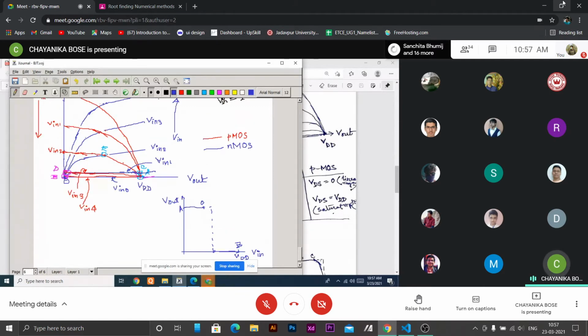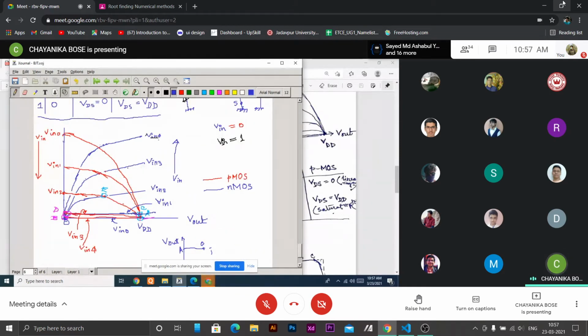For larger values of gate voltage, the highest value of gate voltage was for V input VDD. So for V input 3, a smaller value, follow this V input 3 for NMOS and V input 3 for PMOS, this red one.